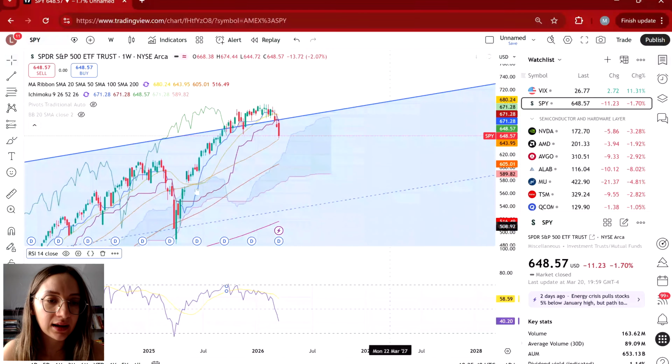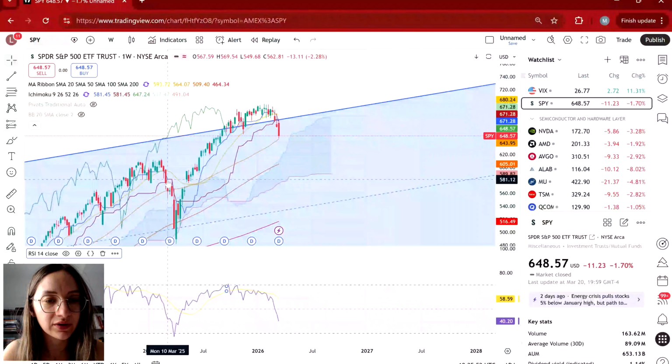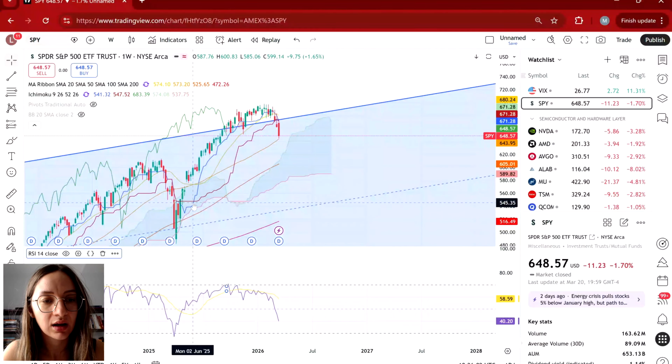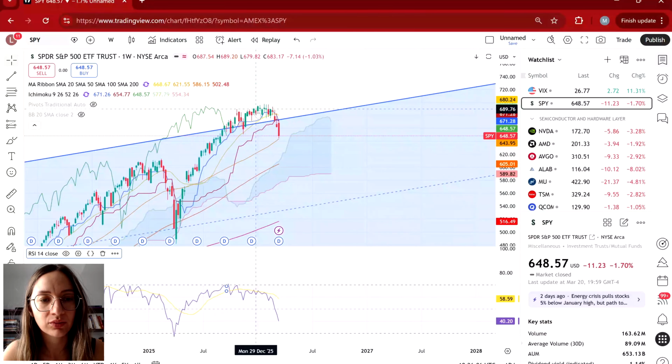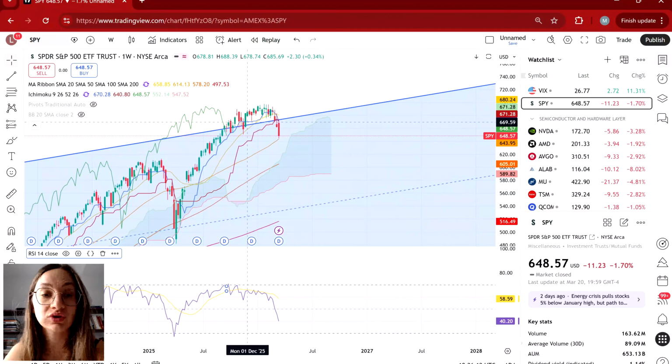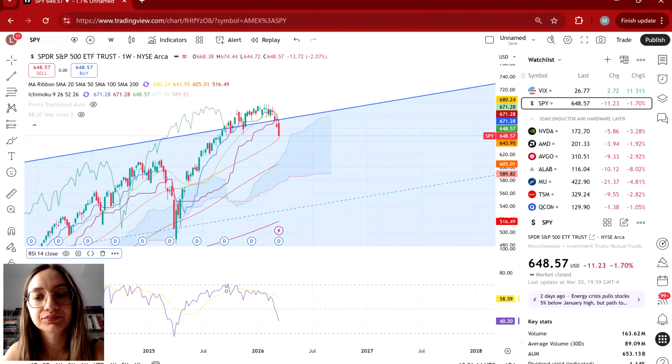The first time that it was crossed was in March 2025, and then it traded for like 2 months, and when it crossed back into bullish channel, we knew there was going to be a certain reversal over there.